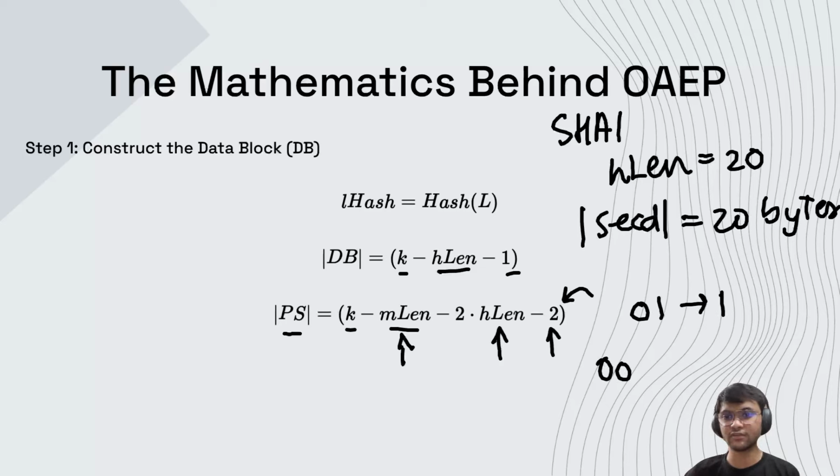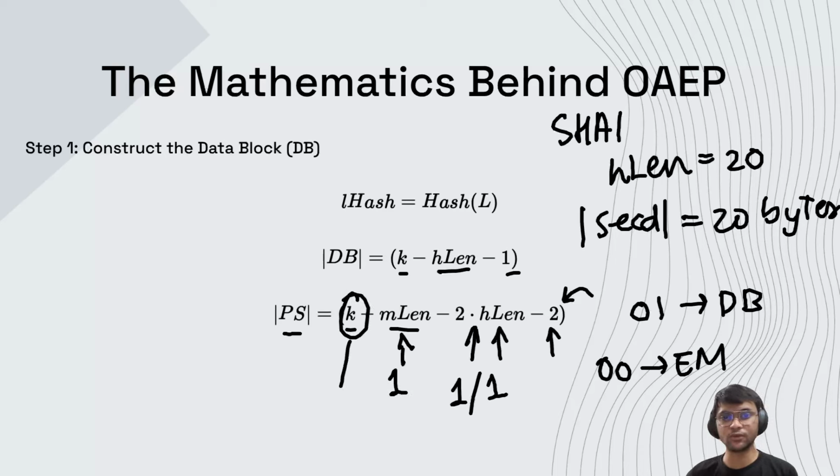One in the data block itself and one in the final encrypted block, the encrypted message. We use hash functions twice, once in the seed and once in the data block itself. The message length is used once, and k is the total length of the encrypted message. That is how we find the length of the padding string.